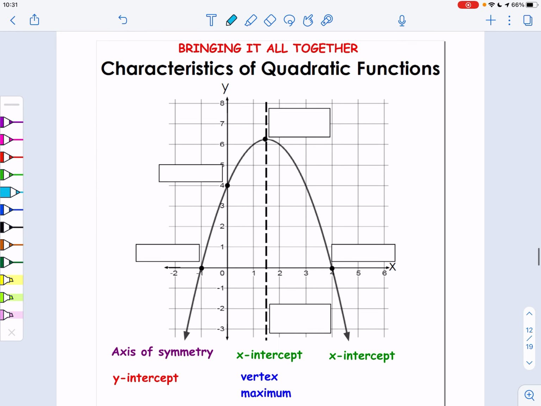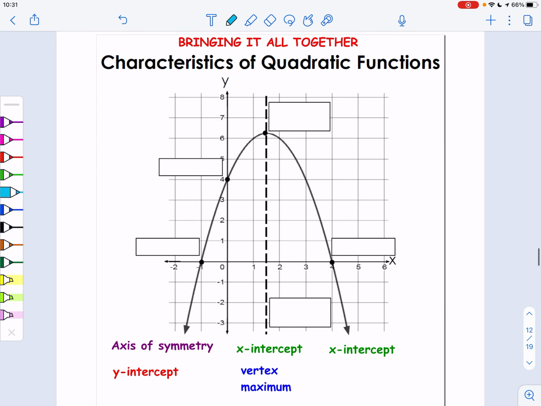Now let's see what happens when the graph opens down. The only difference is that you're going to have a maximum at your vertex. So here's your vertex, and you have your maximum point. The line crosses the y-axis at this point, so here's your y-intercept.